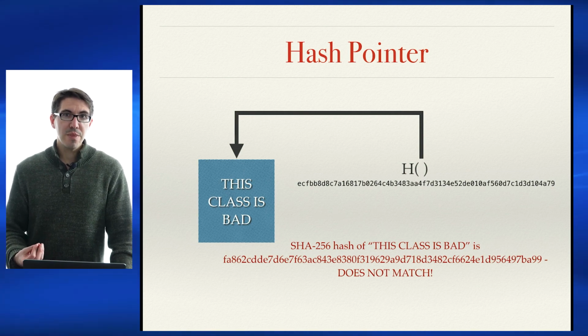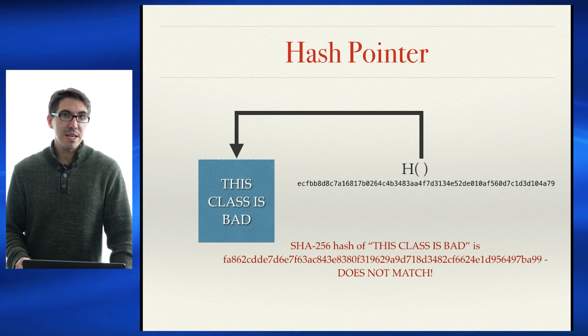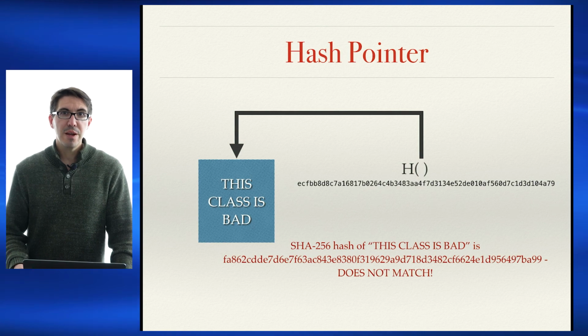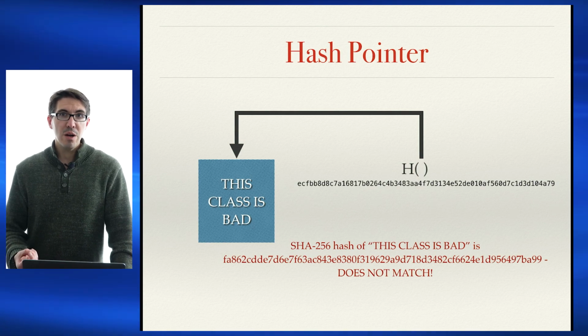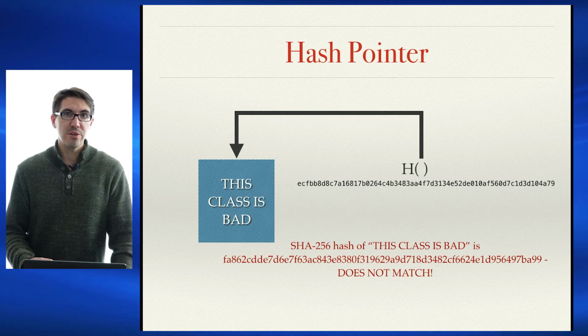If we try to run the SHA-256 hash function of "this class is bad," you'll note that we get FA86... This does not equal the hash value that we got earlier and is stored in the hash pointer. Therefore, we know that this data has been modified at some point since the creation of this pointer.